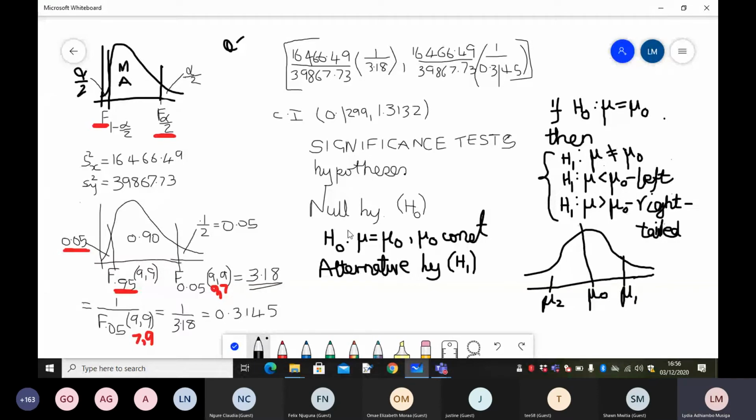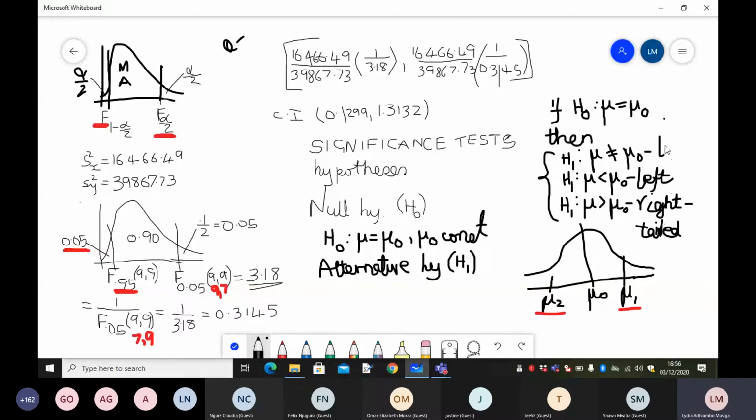So the cases of mu1 and mu2 are being handled together, because the mean could be greater than mu naught and it could be less than mu naught. And so how do we classify that test? It is classified as a two-tailed test.